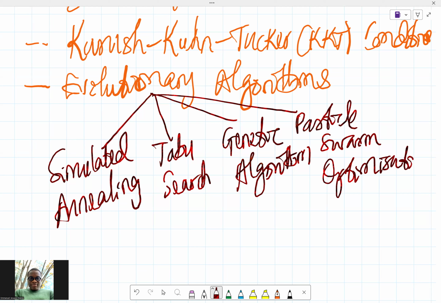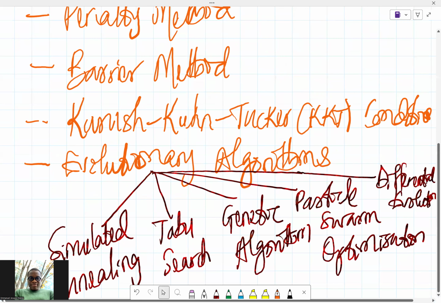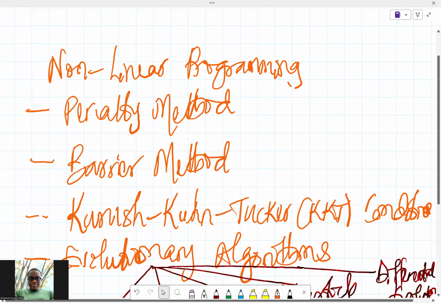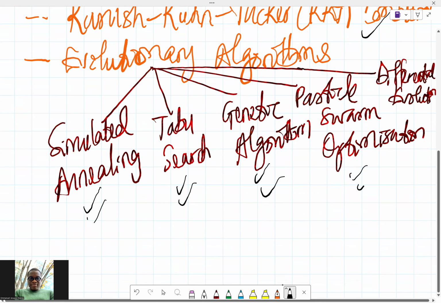In this video, our focus shifts to the last one I'm going to take for evolutionary algorithms, which is differential evolution. Just like I said, we've taken care of penalty method, barrier method, Karush-Kuhn-Tucker conditions. We've done simulated annealing, taboo search, genetic algorithm, particle swarm optimization.